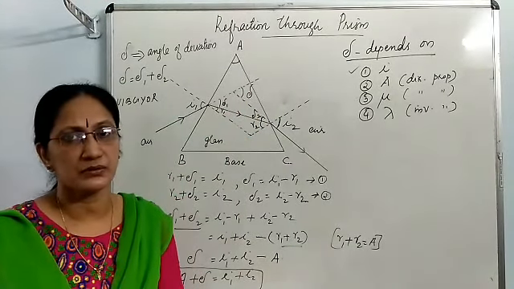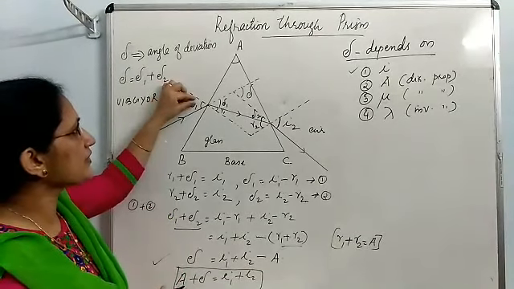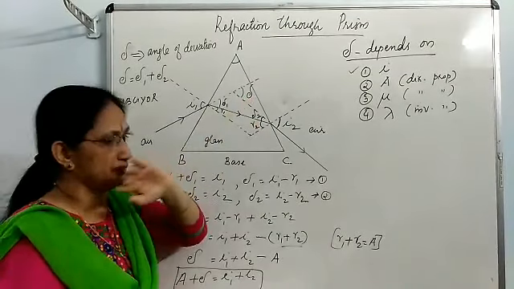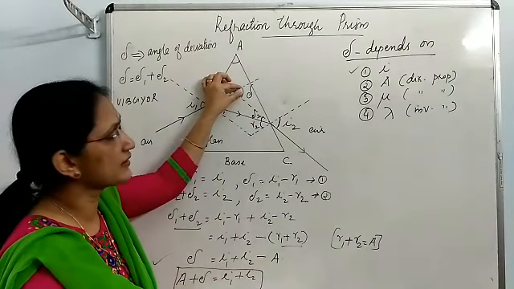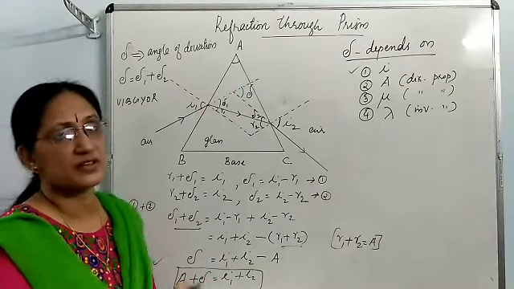Then your observation will be like this: when you go on increasing the angle of incidence, the angle of deviation first goes on decreasing, reaches a minimum value, then goes on increasing.